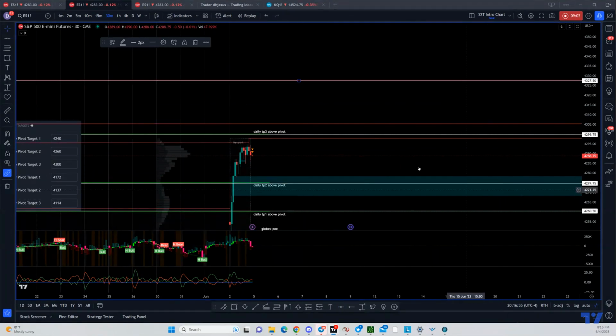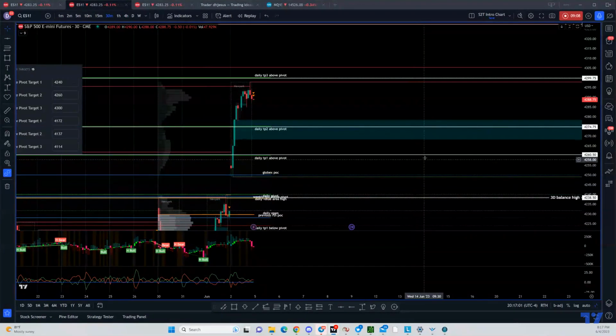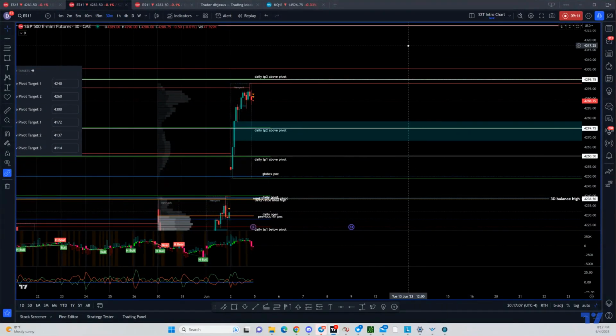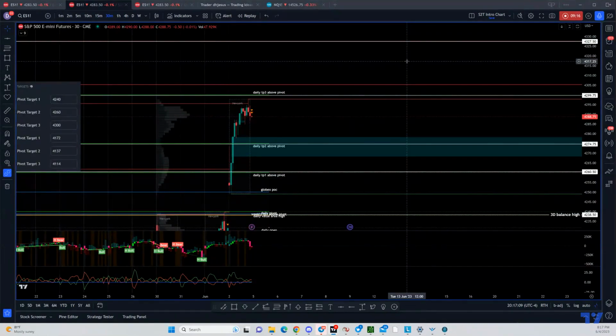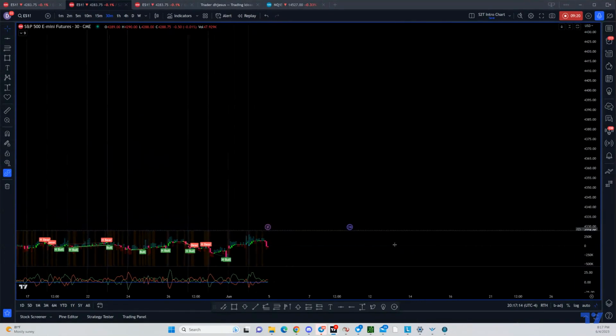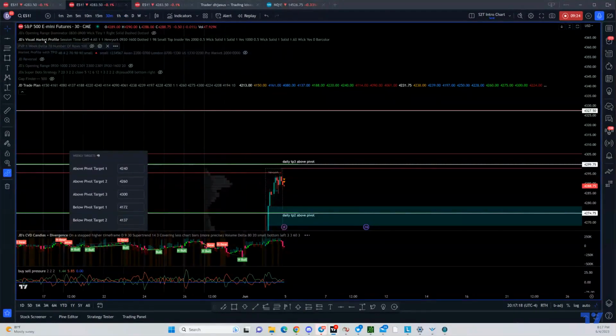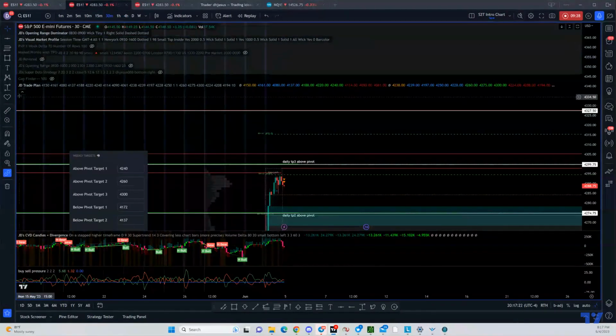Doesn't look like a lot from where we are now, from 60 to 75. Let me see if we have another target right above it. All right, I'm going to introduce another tool here, which is the opening range dominator.